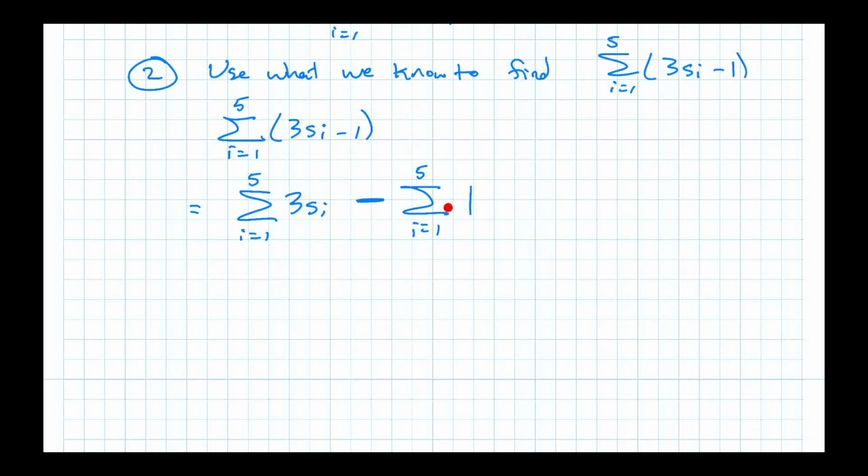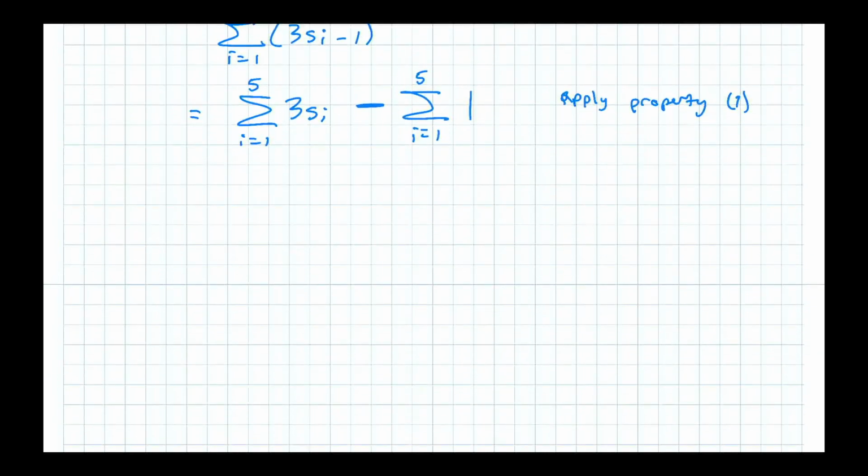It doesn't matter. Just make sure you only have one minus sign. So I put it here. Was that the first property? That was the first property. It was applying property 1. You don't have to say that. I'm just reminding you. Okay.